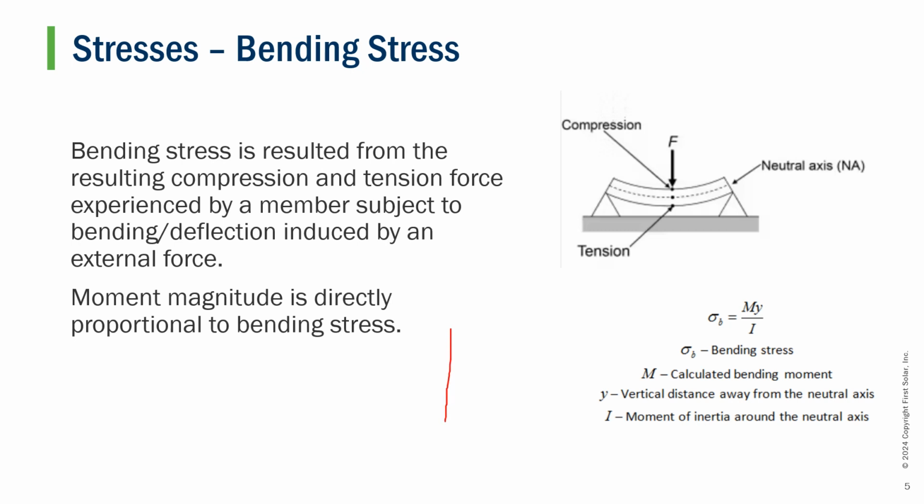What this vertical distance away from the neutral axis refers to is, say we have a rectangular beam, our neutral axis being the center of it, and say this is 1 meter. So we have 1 meter of total width. This vertical distance away from the neutral axis will just be essentially this depth divided by 2, or 0.5 meters.